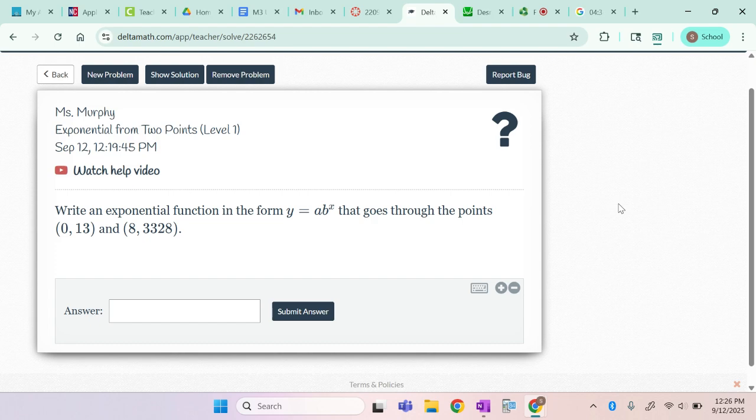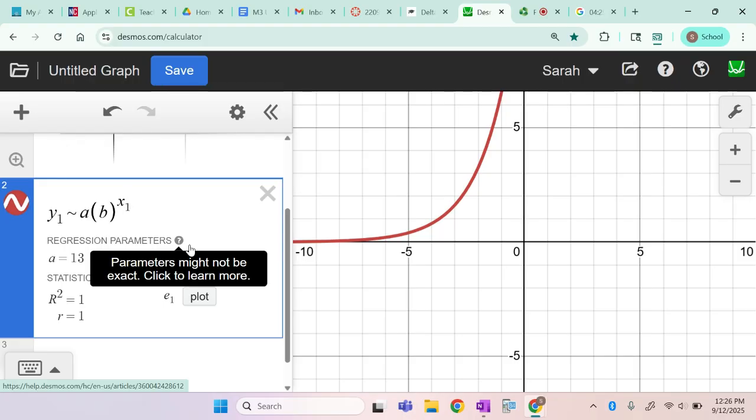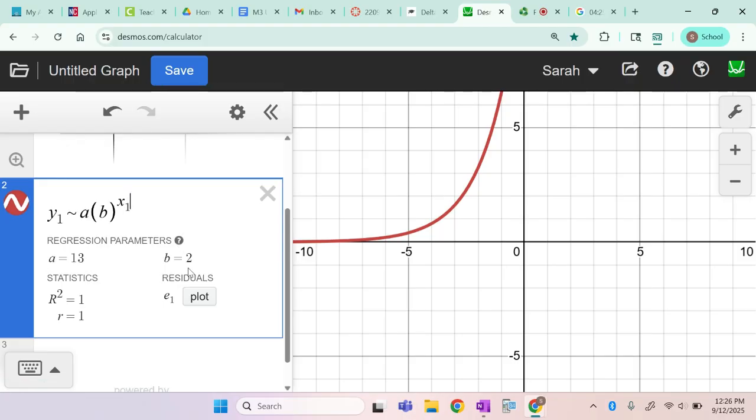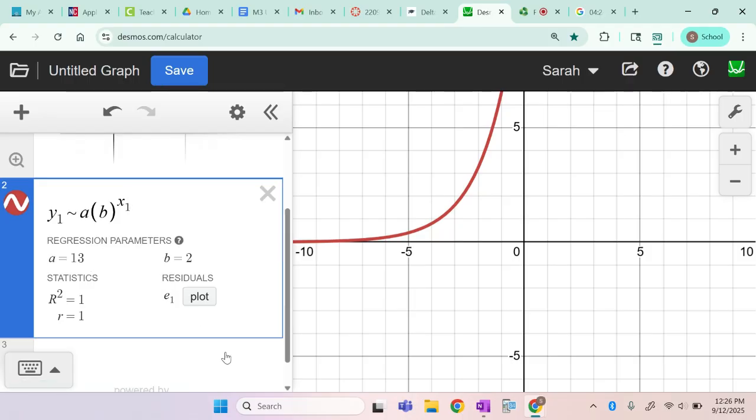Okay, what'd you put in exactly? I put in the same, which is 13. So I gave you 13 and 2. Okay, let me just do that, because I'm a visual person.